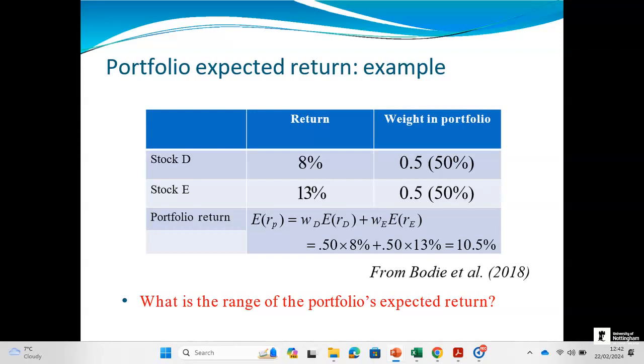In this example, 50% in D and 50% in E gives you an expected return of 10.5%. But if you change the weights, the expected return of the portfolio will also change, right? So you can think about this portfolio as a new asset. By changing these weights, you can create multiple portfolios, which will have their own expected returns.